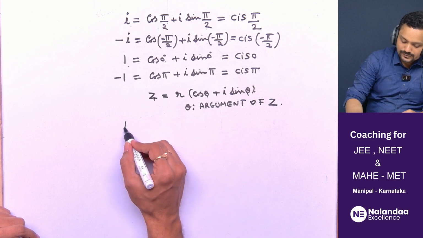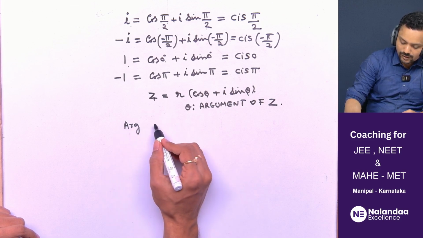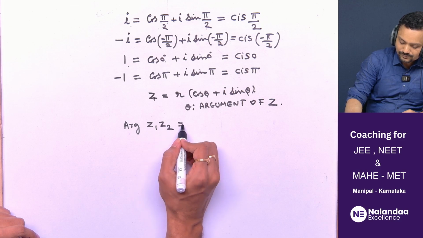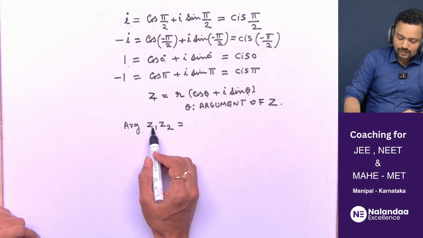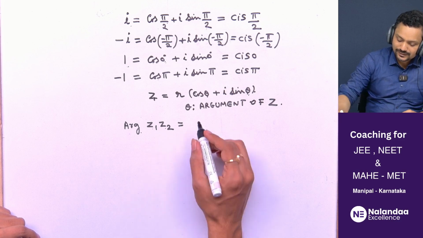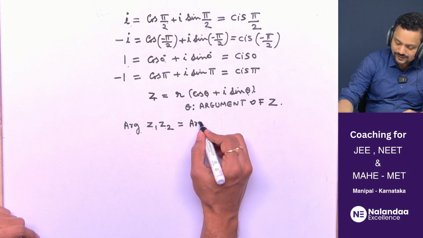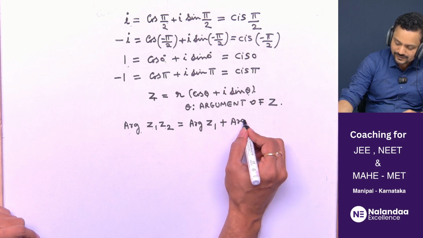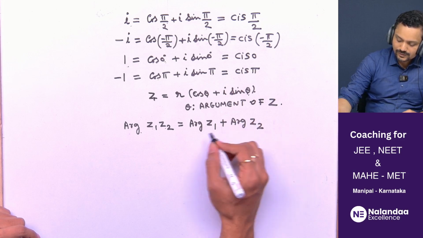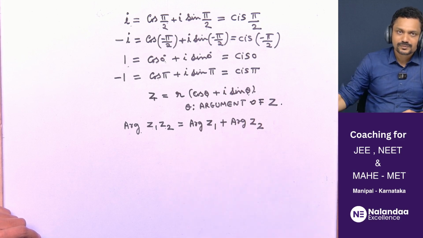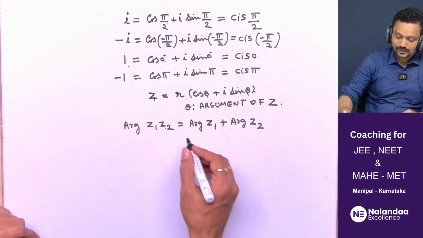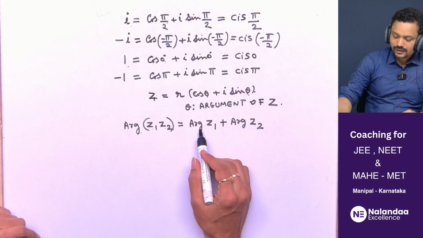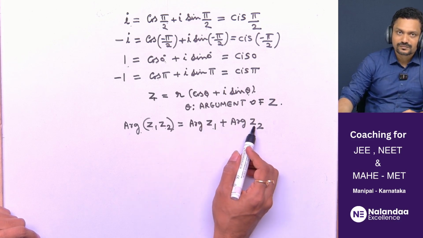If you want to find the argument of z1 into z2, the argument of the product of two complex numbers is the sum of their arguments. It is argument of z1 plus argument of z2. This will be very helpful in some JEE questions. It is not argument of z1 into argument of z2.